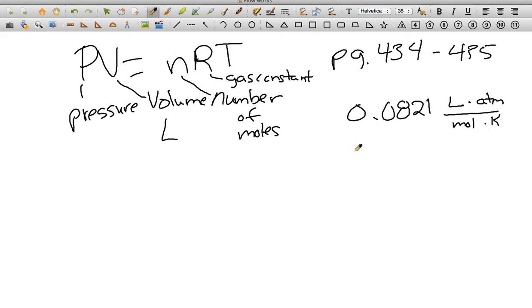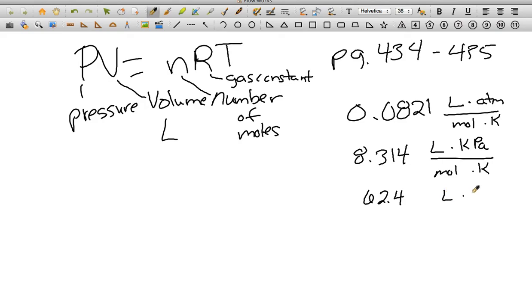Okay, there is 8.314 as a gas constant if you're talking about liters times kilopascal. So notice in this case our pressure is in kilopascals, over moles times Kelvin. And then we have 62.4 liters times millimeters of mercury, if that's our pressure, over moles times Kelvin.